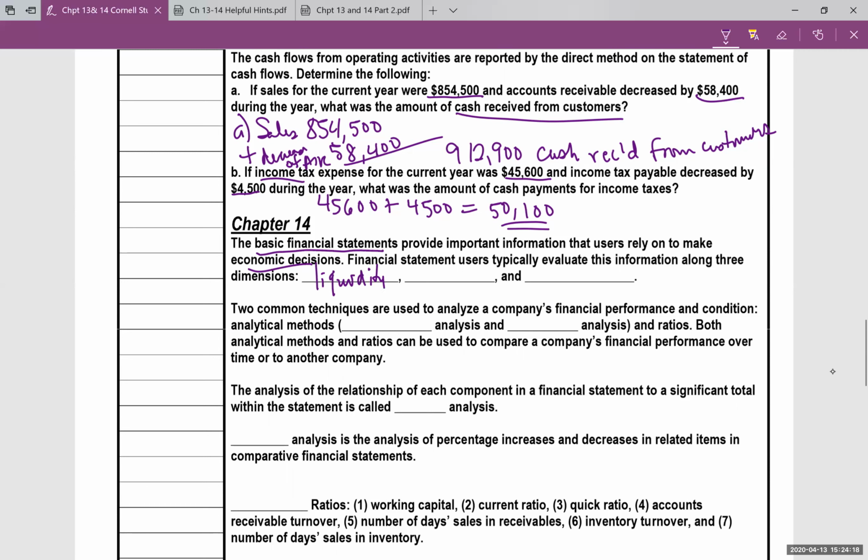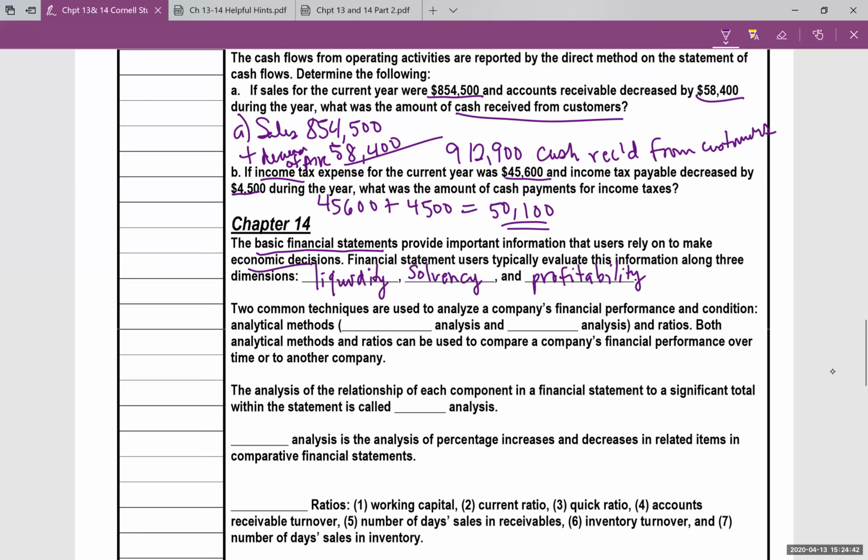How quickly can they convert to cash? How much cash do they have on hand? Solvency, how can they pay their bills? Are they meeting the amount of their bills? And if something happens, can they continue to do that? And also, how profitable is this business?